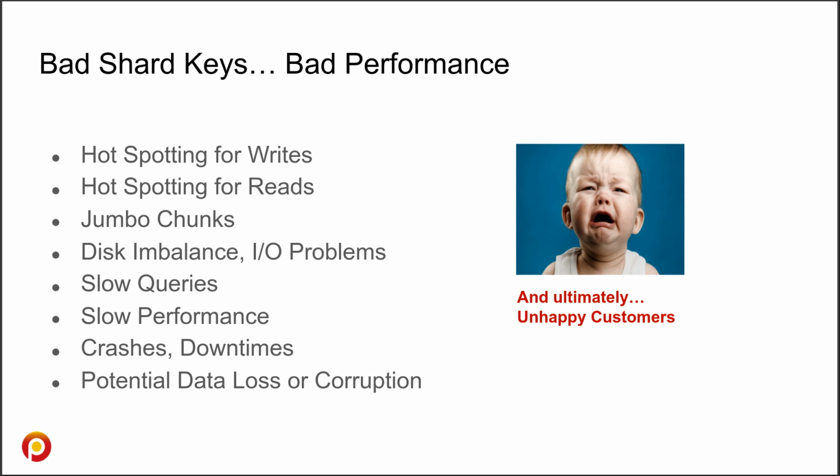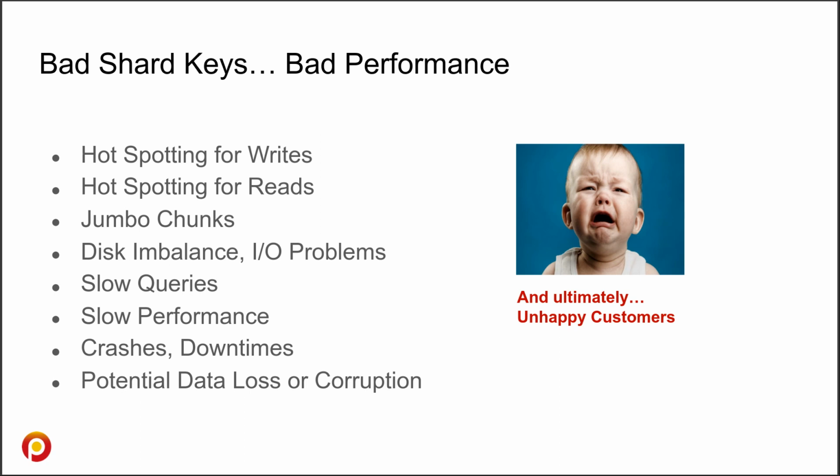Then jumbo chunks. Using the customer ID as an example, when you have Amazon versus the mom and pop store, Amazon is more likely to create a jumbo chunk, because MongoDB is going to try to put all their data into one chunk.